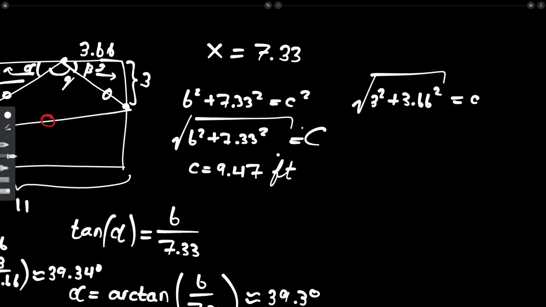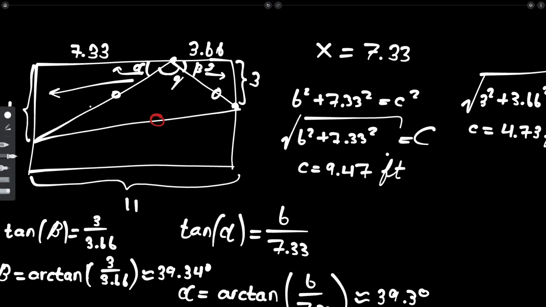There you go. That gives us a side length of 4.73 feet. Just to recap, this side A equals 9.47.